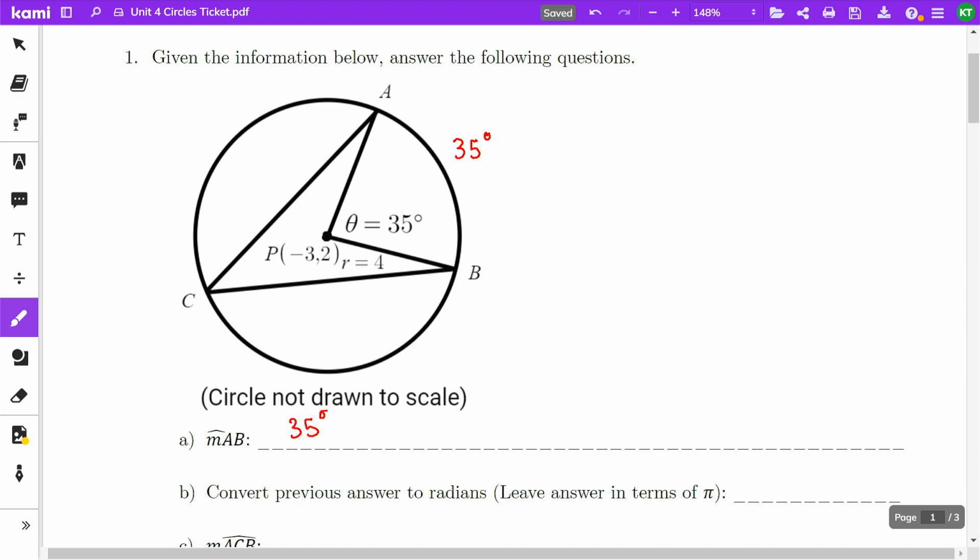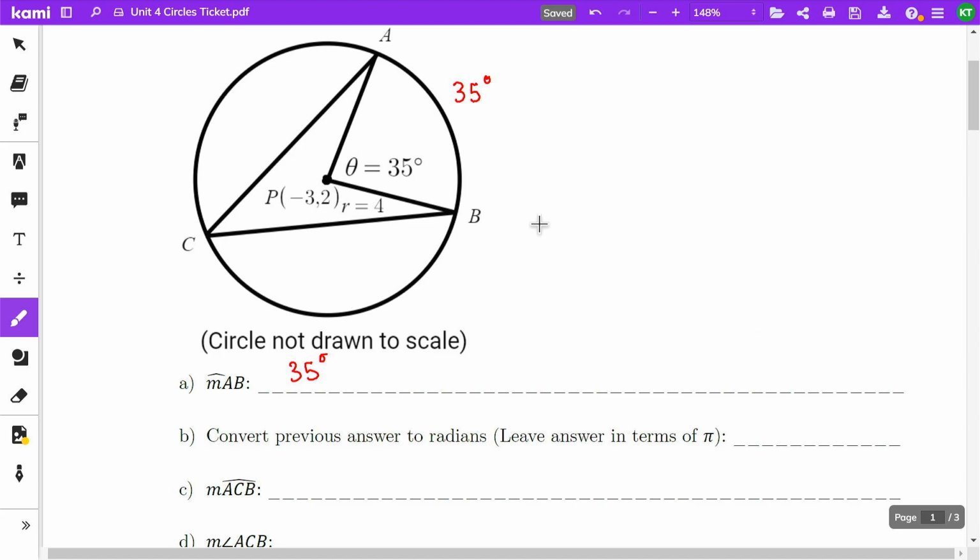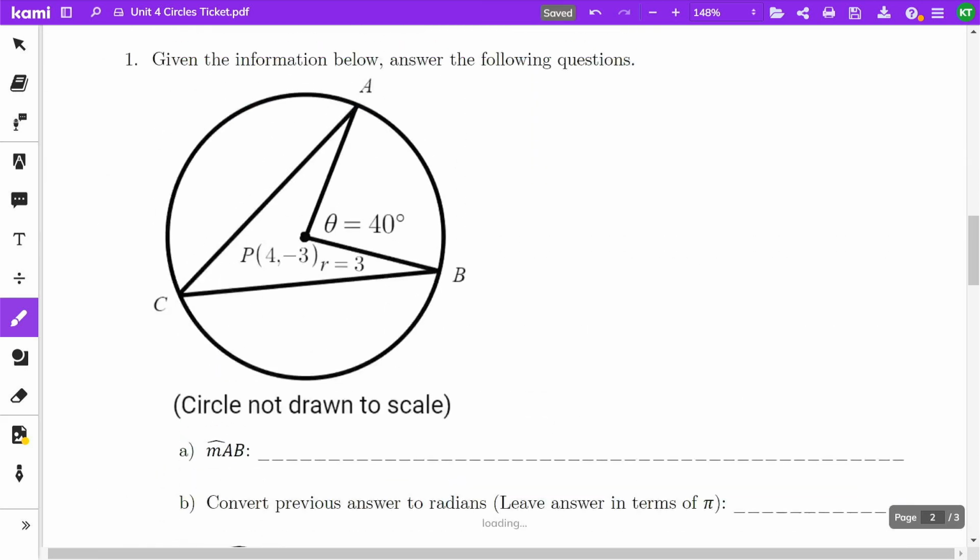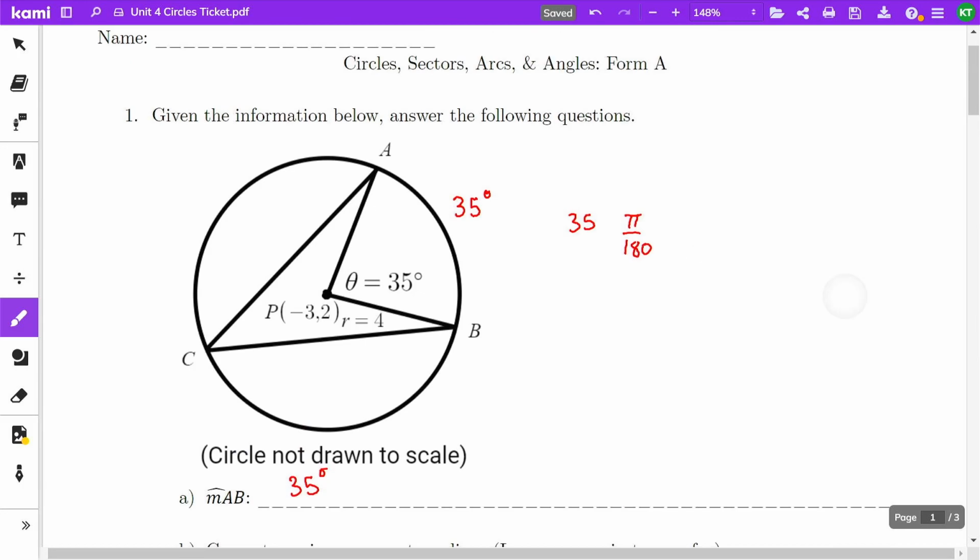Then we're going to convert 35 degrees to radians. So that would be taking 35 and multiplying that by pi over 180. And then after that, when I multiply these together, I can divide both of these by 5.